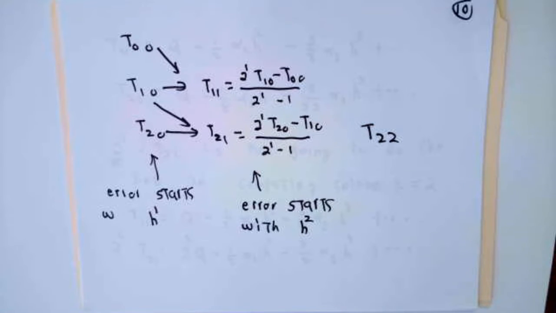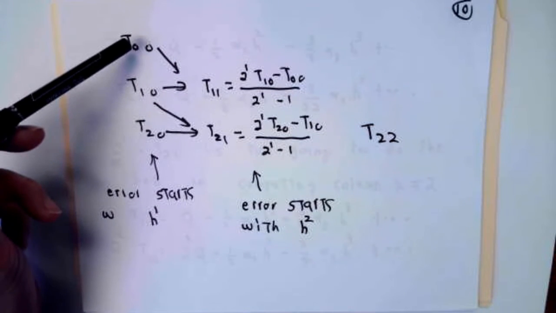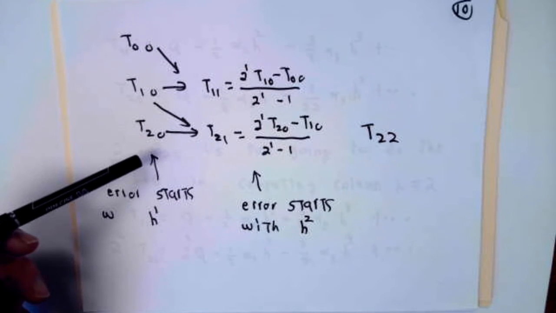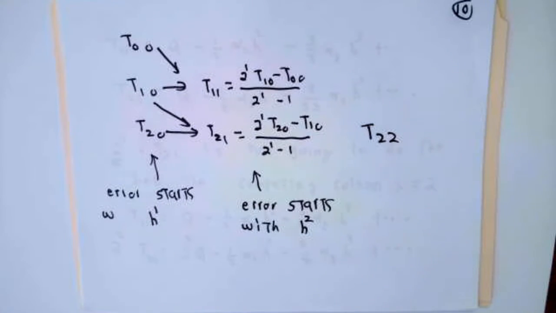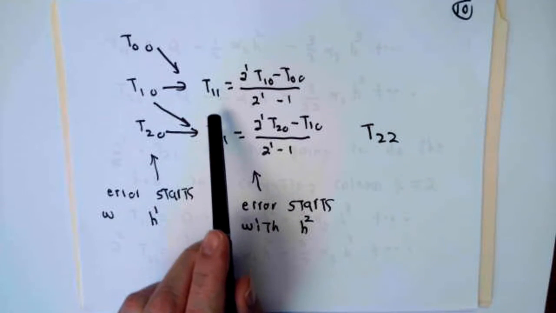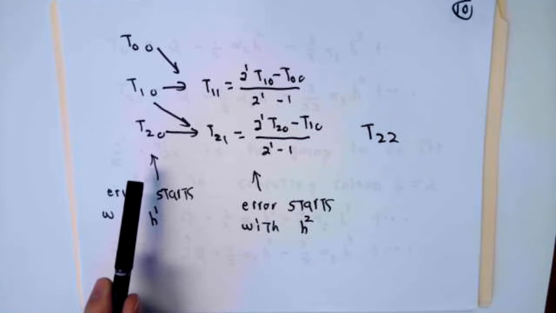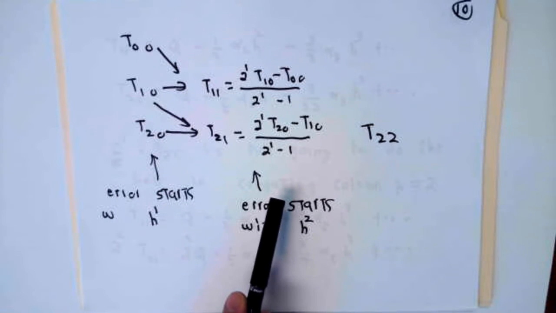Returning to our table, initially we had the approximation based on h over 2, and h over 4. So these might be trapezoid rule approximations to some integral, for instance. We know how to calculate T11 and T21 so that the error terms for these two quantities begins with h squared. We used to have an h to the first power term in the error, and now we don't.